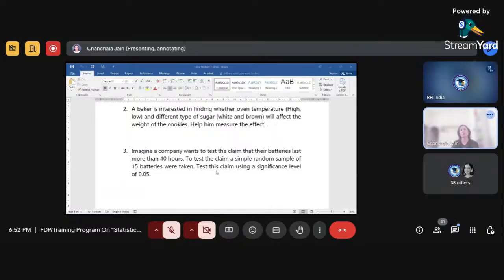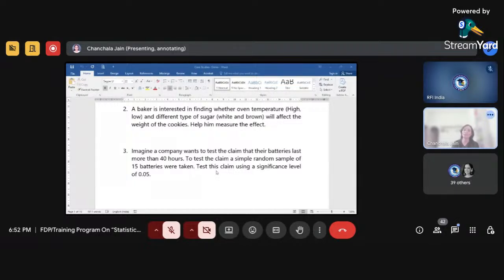Why so? Because here your claim is, testing a claim of a particular company, right? The company is claiming that the life of their batteries is generally 40 hours.